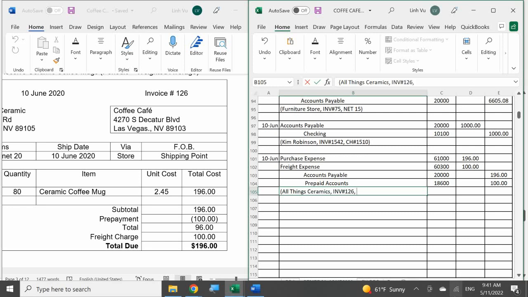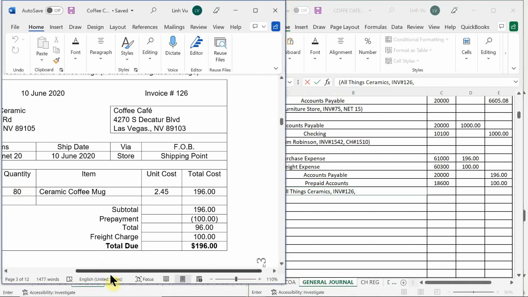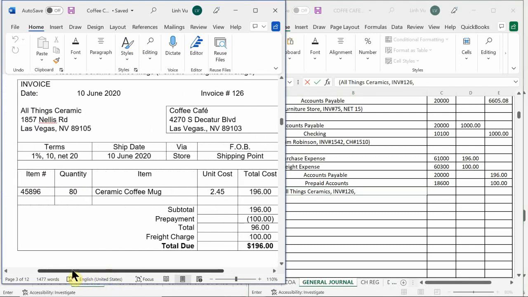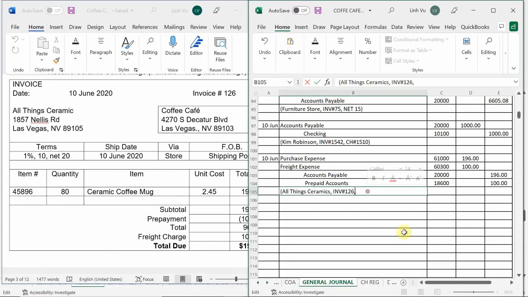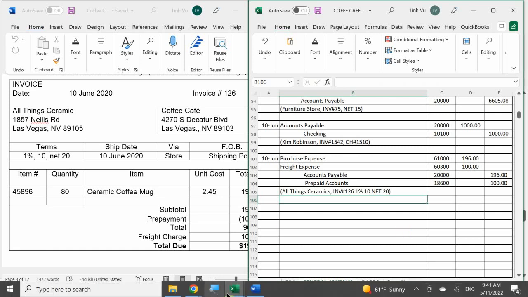What kind of terms did they give us? 1%, 10 net 20. And that should be good enough. So now that I finished my journal, I now need to plug it into my ledger.